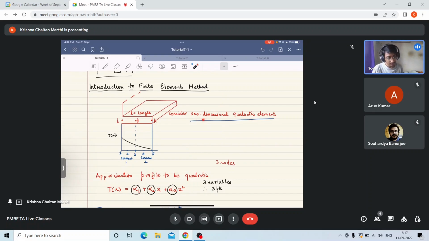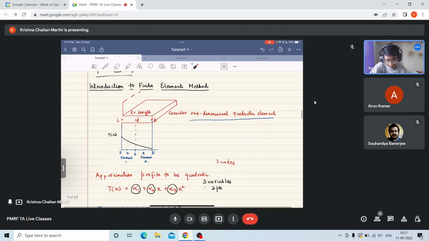Let us consider a one dimensional quadratic element, and let us say this is a fin problem. The temperature distribution is somewhat like this, and let us say this system consists of two elements. One is element 1 and this one is element 2, and we are assuming quadratic elements.